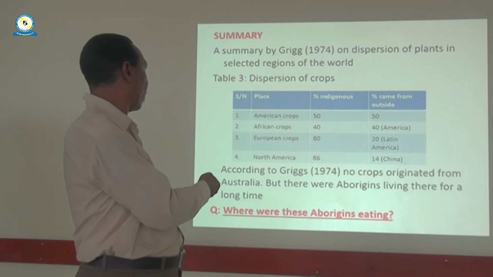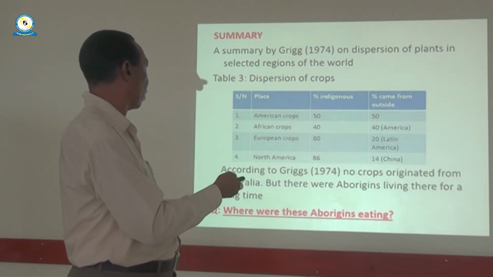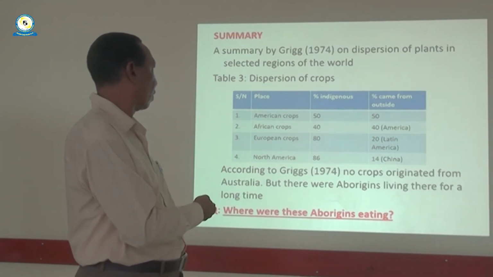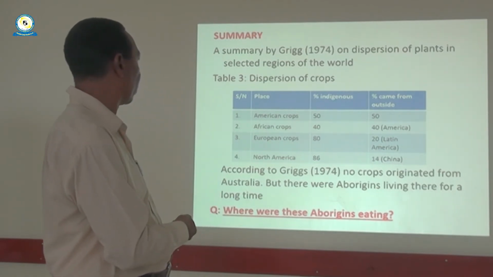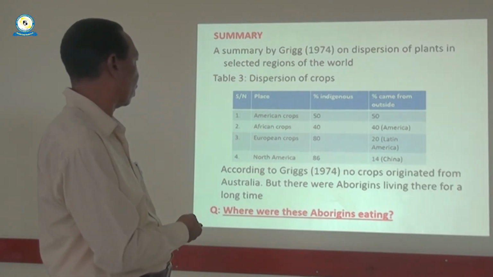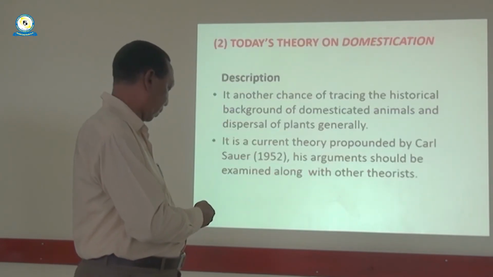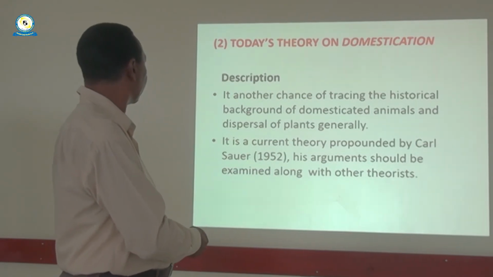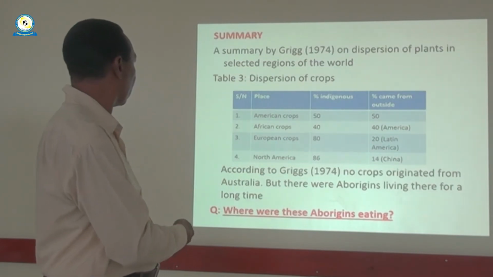You can see America, 50% indigenous and outside. Africa, 40 indigenous, 40 America. Europe, crops, 8 indigenous, 20 Latin, you see.